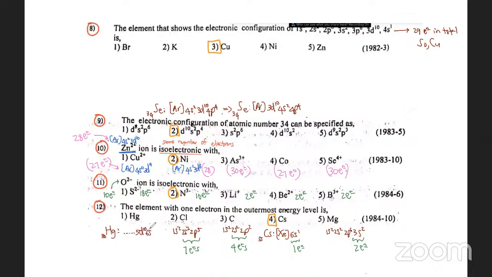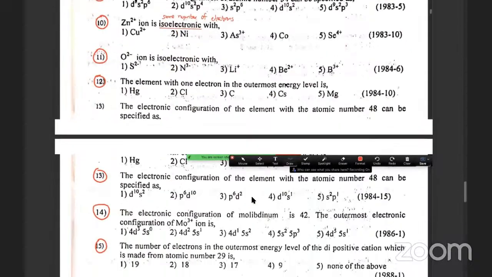That's the last. So it will have only 2 electrons in its outermost energy level. Anyways, 1 electron is Cc. Okay, done, and then we'll move on to the next parts.